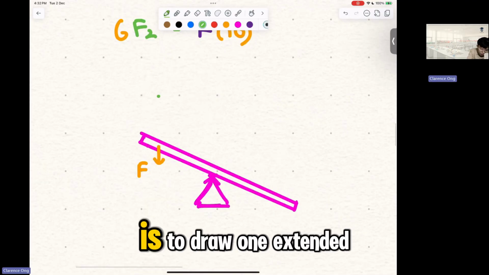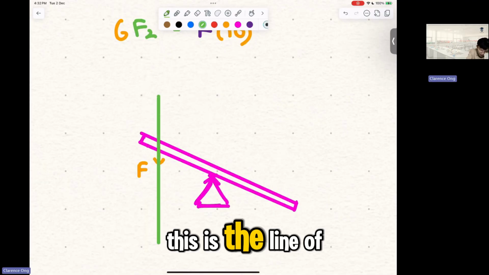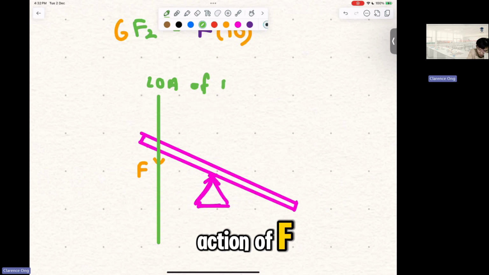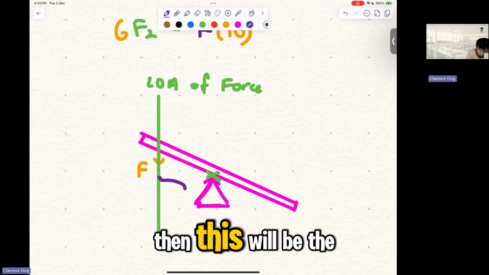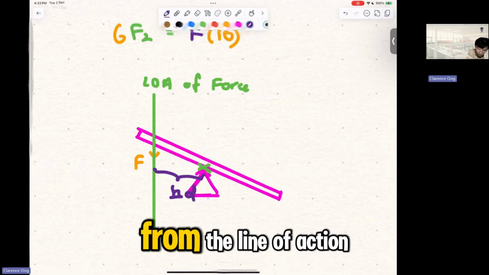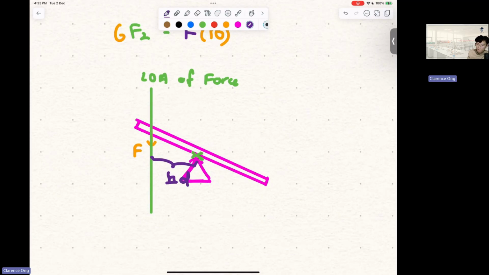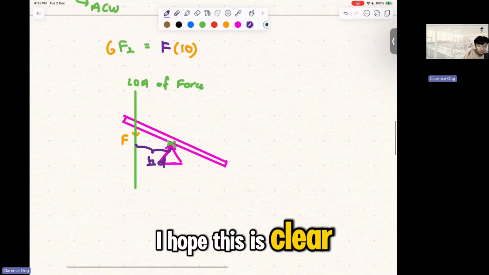All you need to do is to draw one extended line. This is the line of action of F, and identify the pivot, which is over here. Then this will be the perpendicular distance from the line of action of the force to the pivot. I hope this is clear.